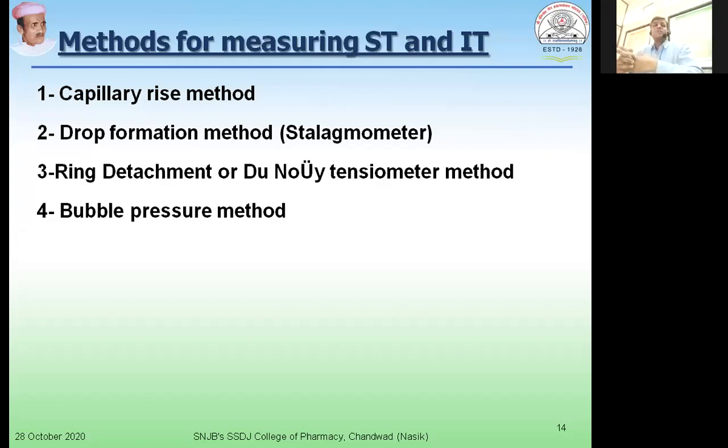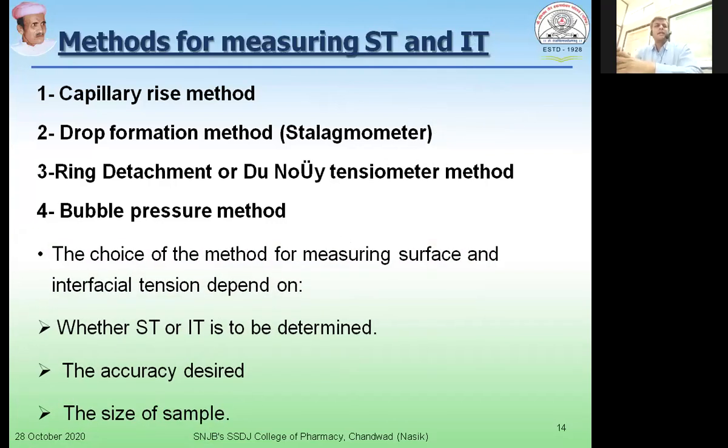Now, which method is to be used? It depends upon 3 important criteria. Whether you are interested in determining only surface tension or interfacial tension. On the basis of that, the choice of the method is done.